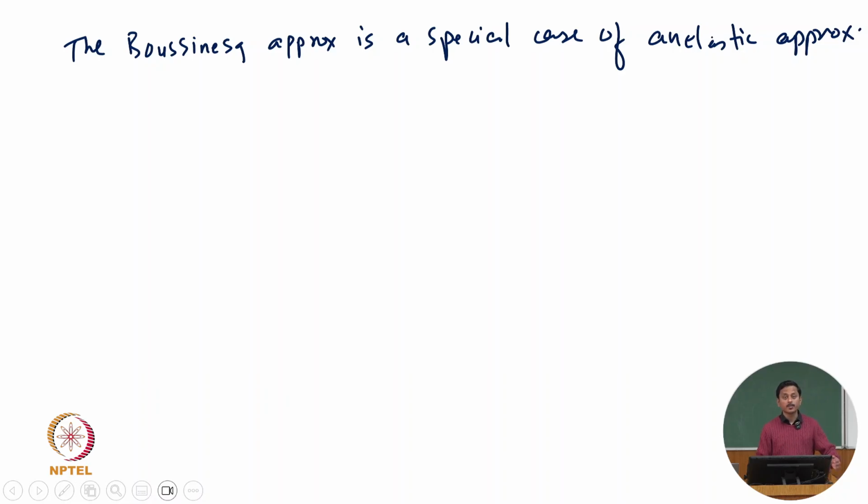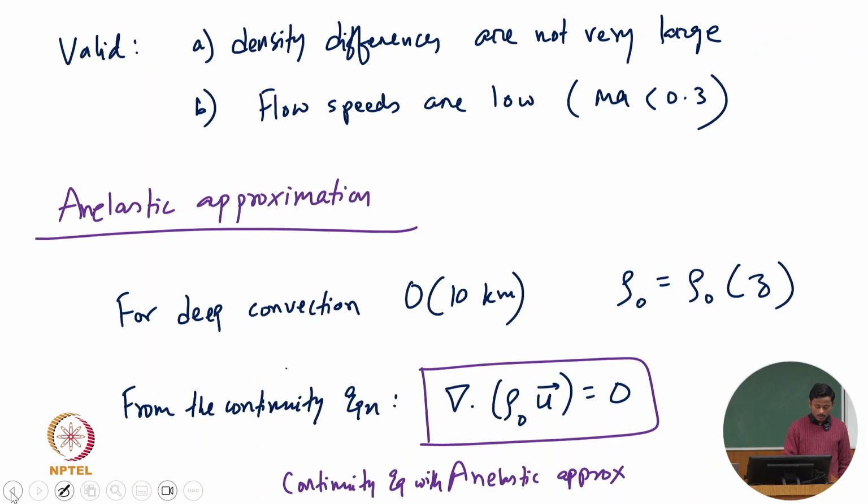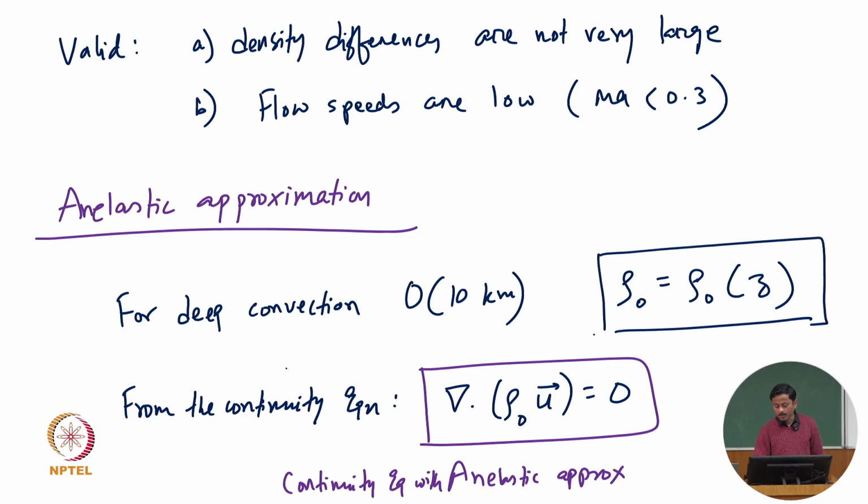If your background density is varying with the vertical coordinate, of course it can vary horizontally also, but to make our calculation simpler, we are assuming that the reference density itself is varying with the coordinate z, which is the vertical coordinate.